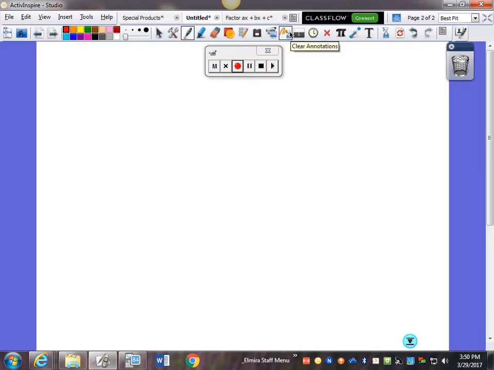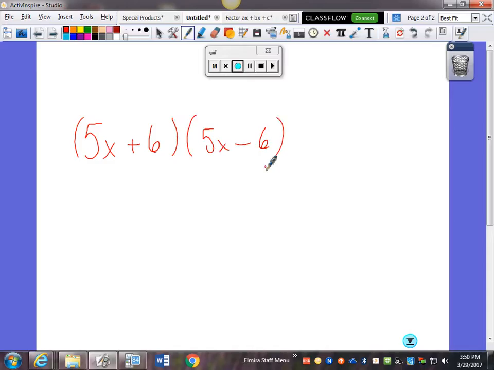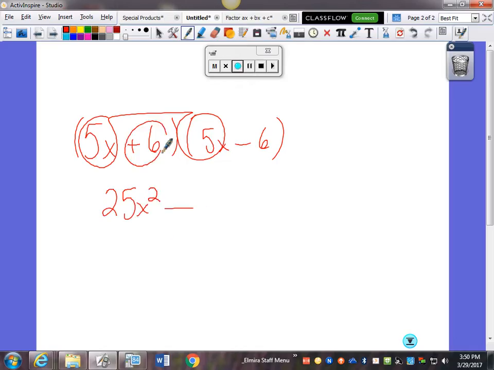If I was to do 5x plus 6 and 5x minus 6, I would square those, so 25x squared, a minus sign, and 6 times 6 is 36. That's it, because the middle terms would cancel each other out.